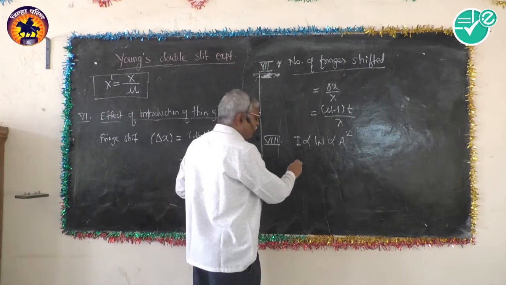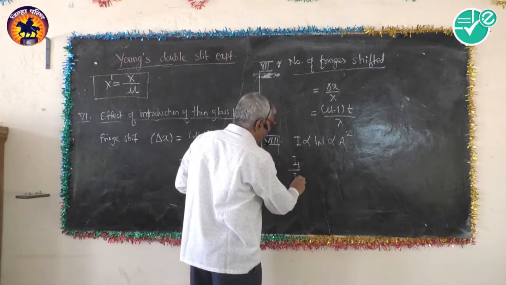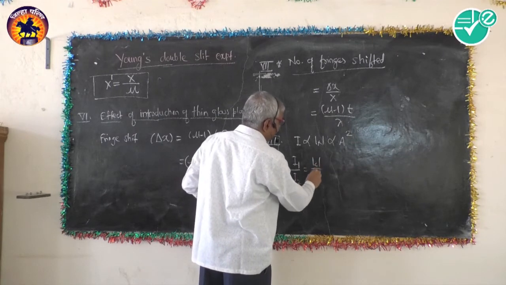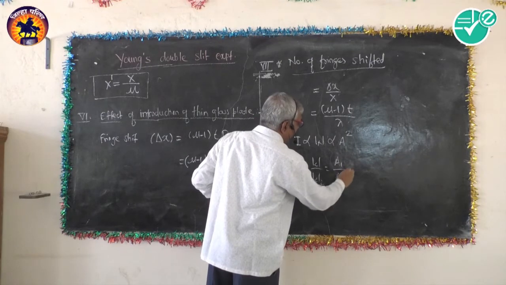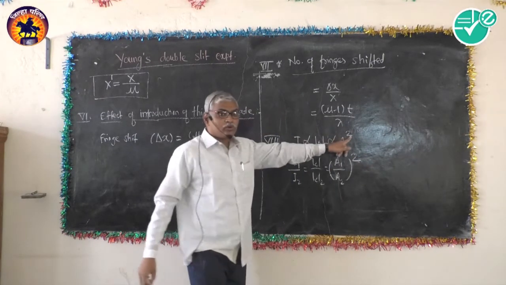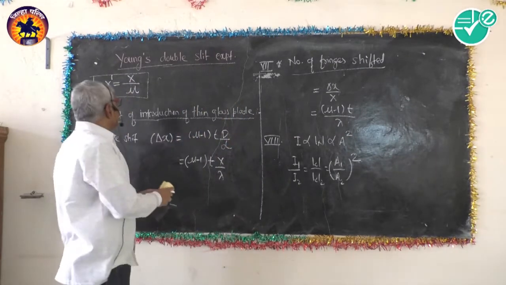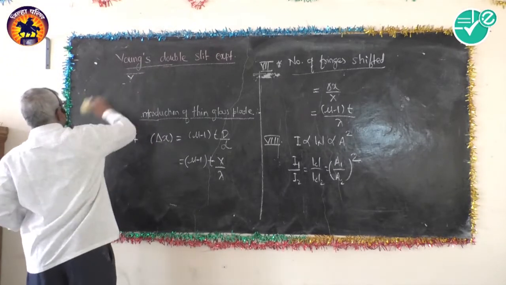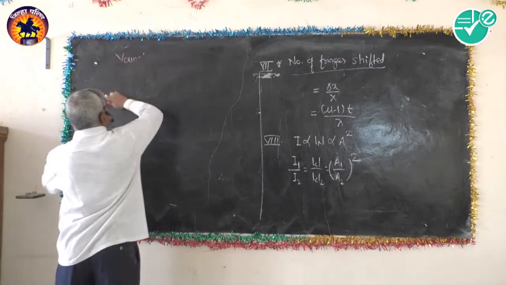Therefore, we can set the formula as I1 upon I2 is equal to W1 upon W2 is equal to A1 squared upon A2 squared, because intensity is directly proportional to square of amplitude. These are the important formulae for Young's double slit experiment.